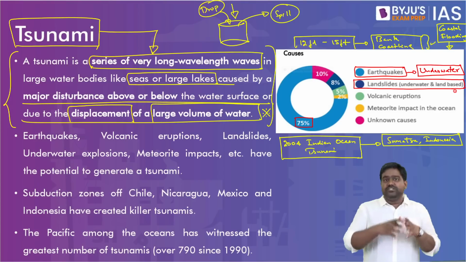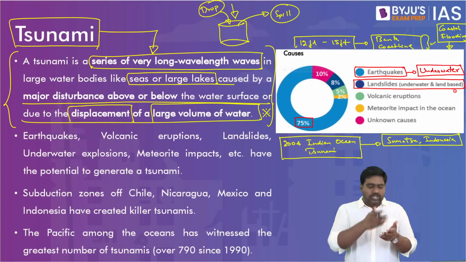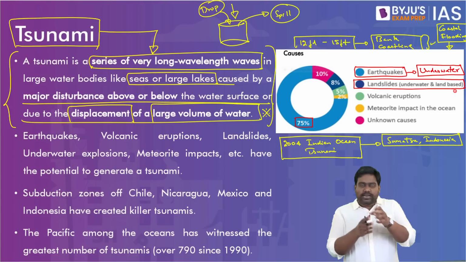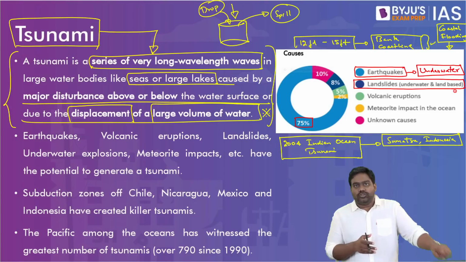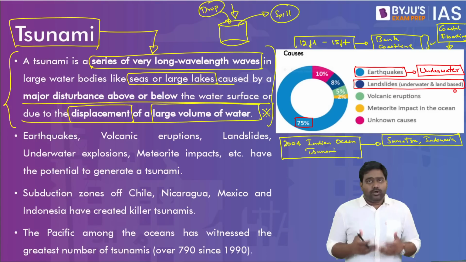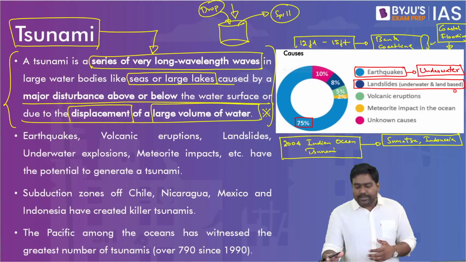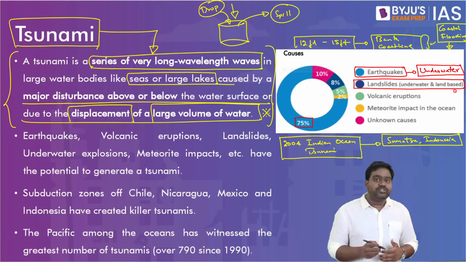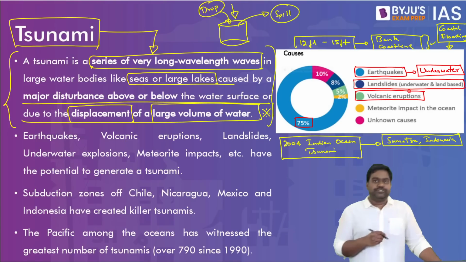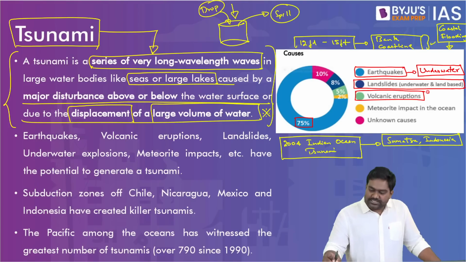You have these mountains present on the coastline itself. So if part of the mountain crashes and collapses into the sea or the ocean, even that can trigger a tsunami wave. All right, so underwater landslides or land-based landslides, both can trigger tsunamis. Then volcanic eruptions. Volcanic eruptions happening on land and also underwater.